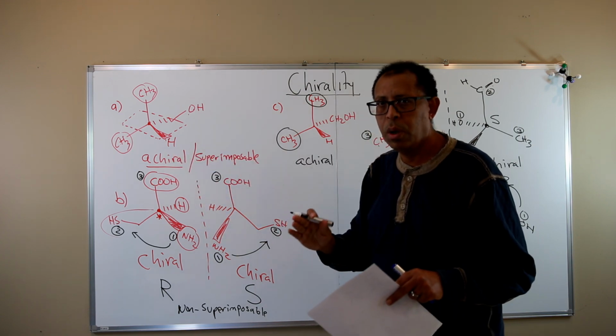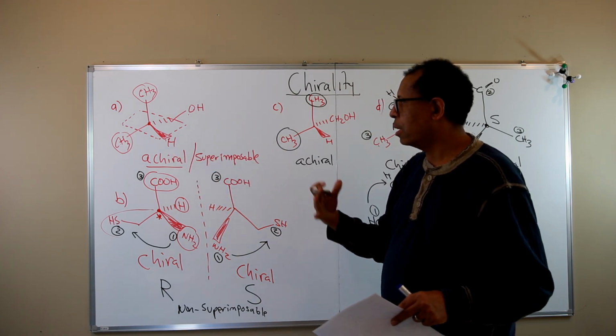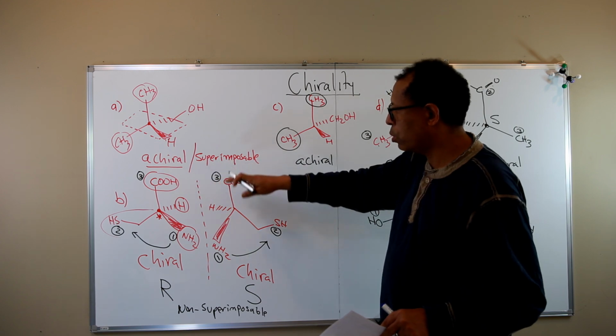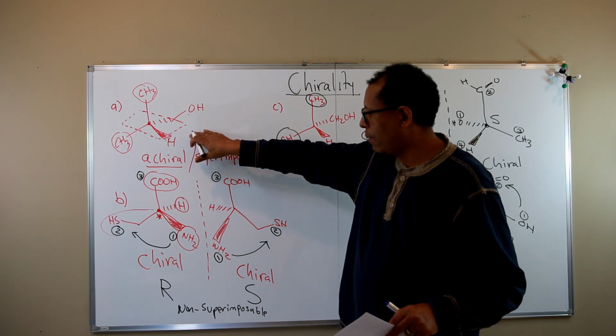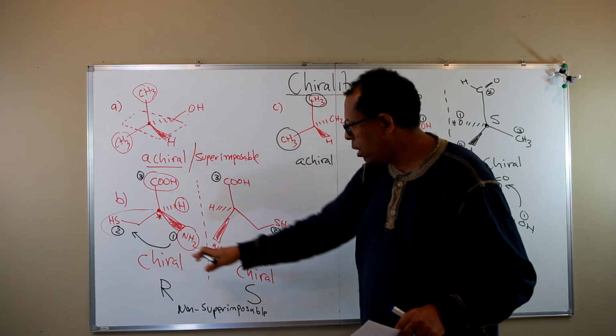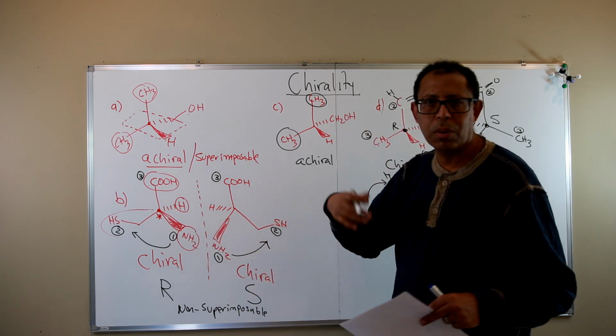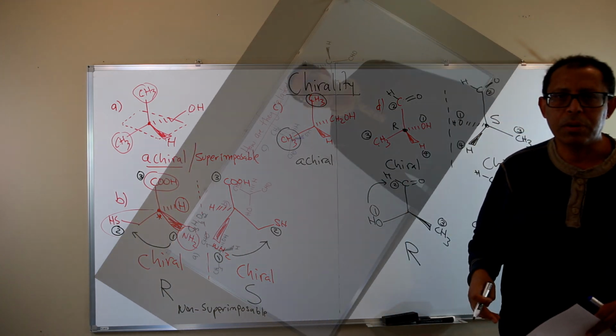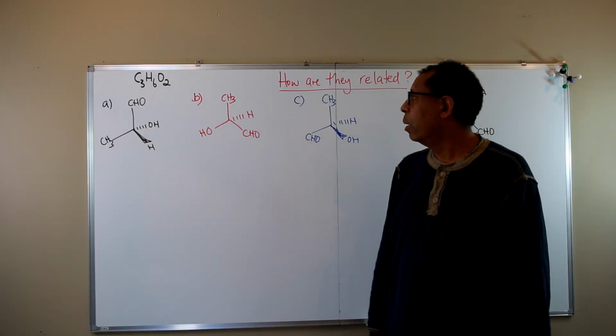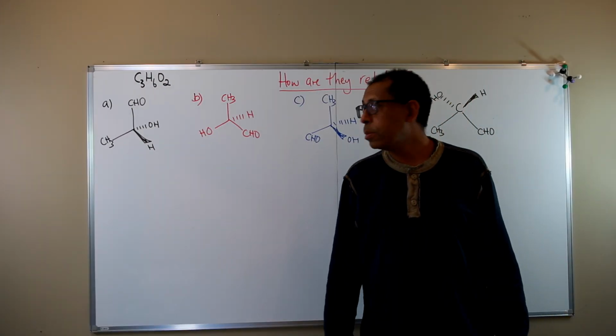So there is no way you would assign R and S, so it's superimposable. So this does not have any optical activity; rather you would have optical activity for R and S or diastereomeric compounds. Let's continue our discussion on stereoisomerism.